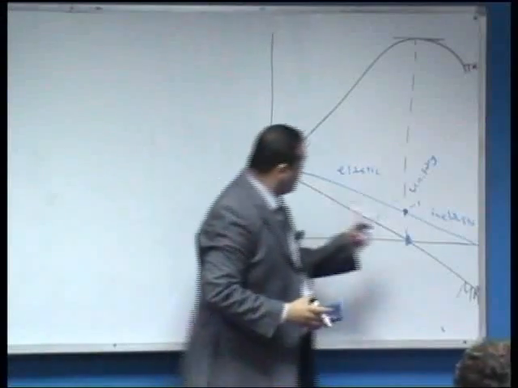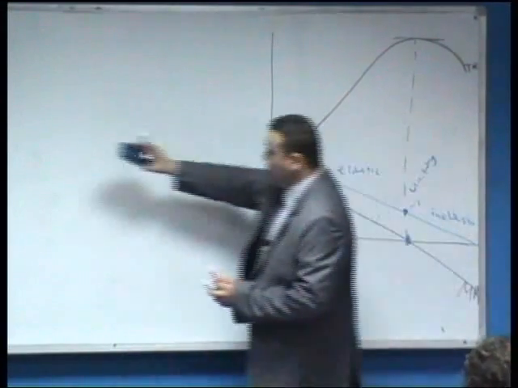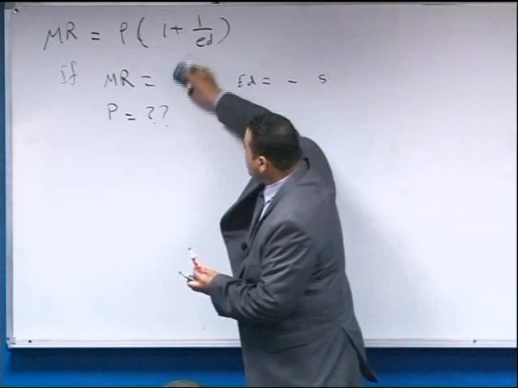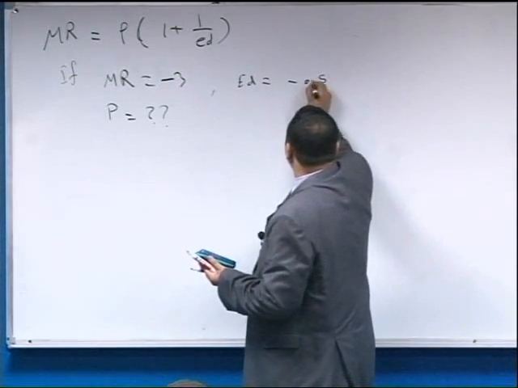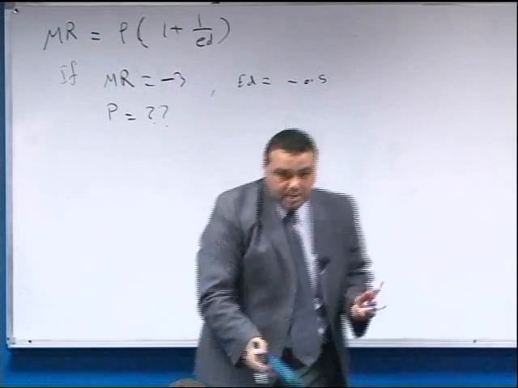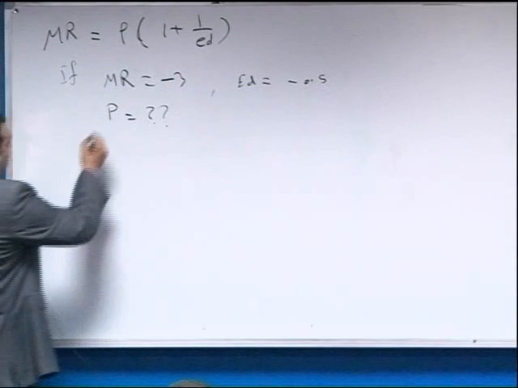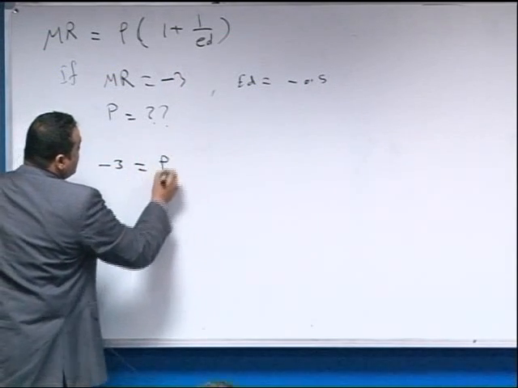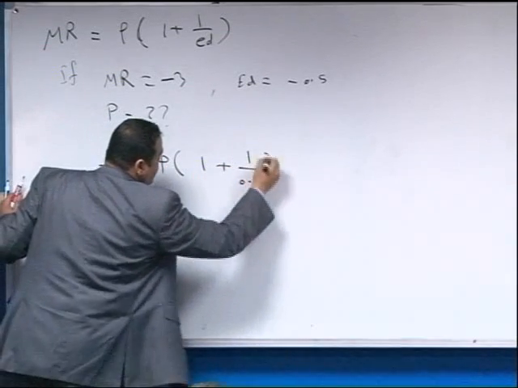When MR is positive, yes, it would be elastic. Thank you. So suppose this is minus 3, and ED is minus 0.5, right? Calculate the price. So MR, minus 3, equals the price times (1 + 1/-0.5).